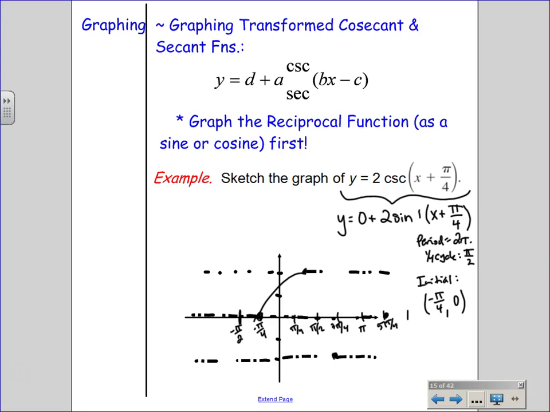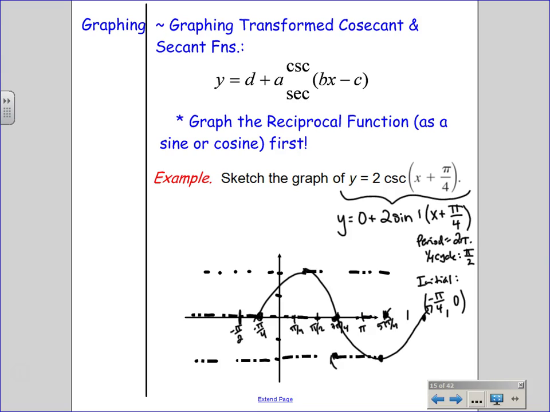Pi over 4 plus pi over 2 plus 2 pi over 4 would be pi over 4, right? Plus 2 pi over 4. Oh, I never put my middle. I never put my middle. There we go. Something was weird. I was missing a point. There we go. Middle, bottom, middle.